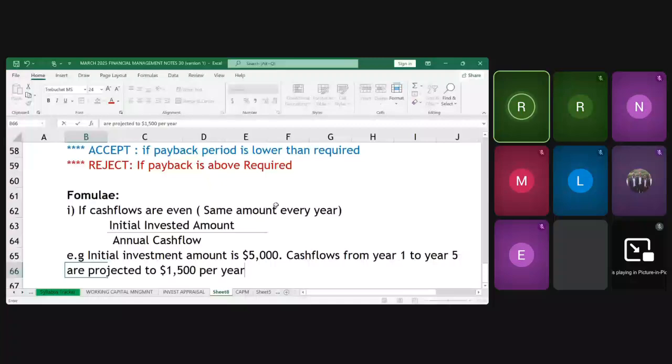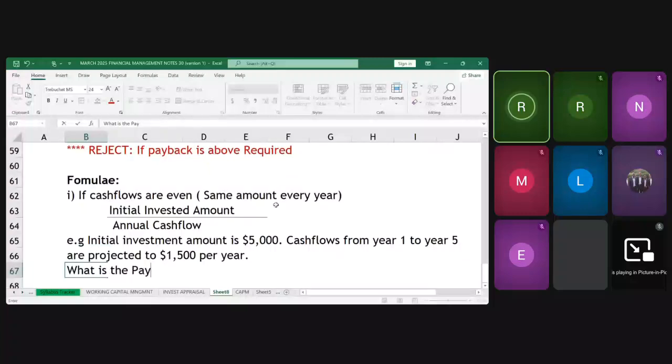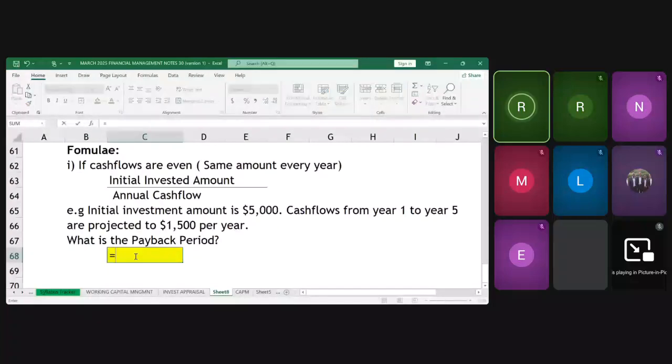What is the payback period? The payback period is going to be easy to calculate. How much is the initial amount? 5,000, divided by the amount per year. Our cash flows are equal every year. How much are we receiving? 1,500.